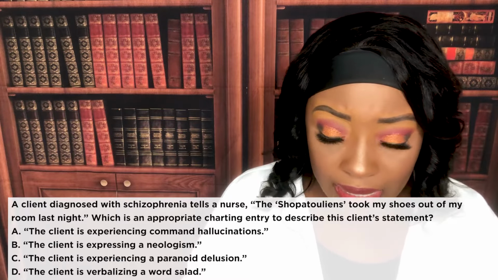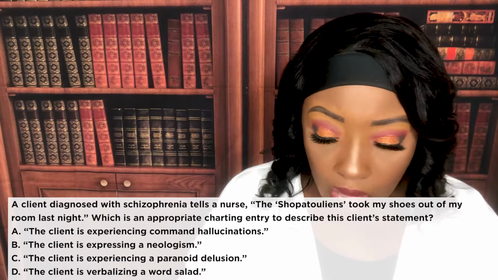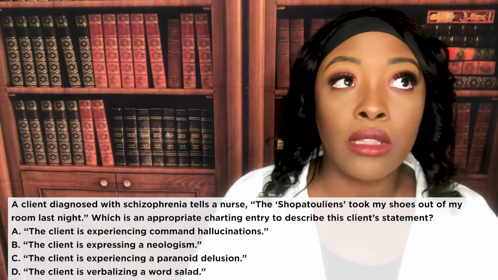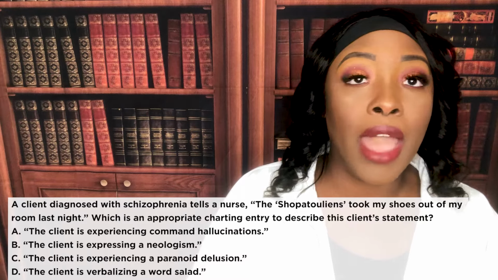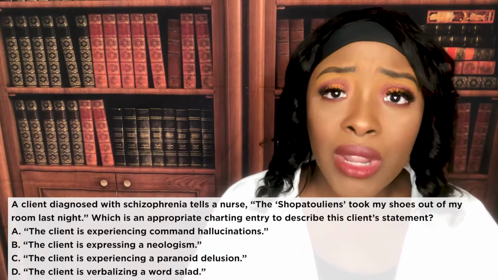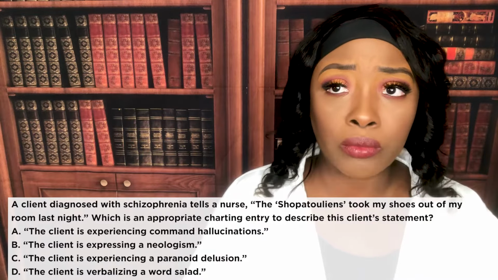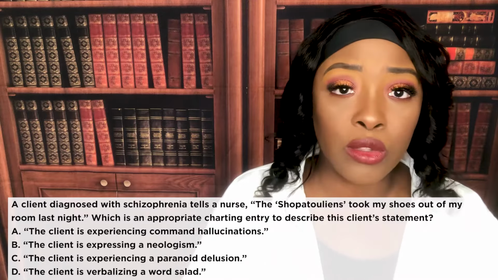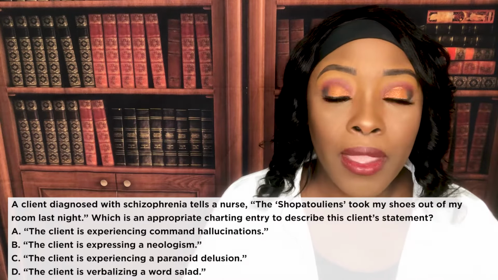Choice C, the client is experiencing a paranoid delusion. Okay, so a paranoid delusion, first of all, guys, a delusion is having a belief that's not true, having a belief that's not real, right? So this is not the case at all. What this patient is doing is making up words, okay?